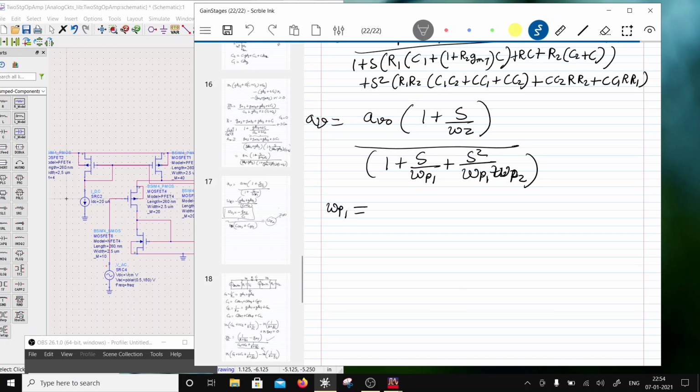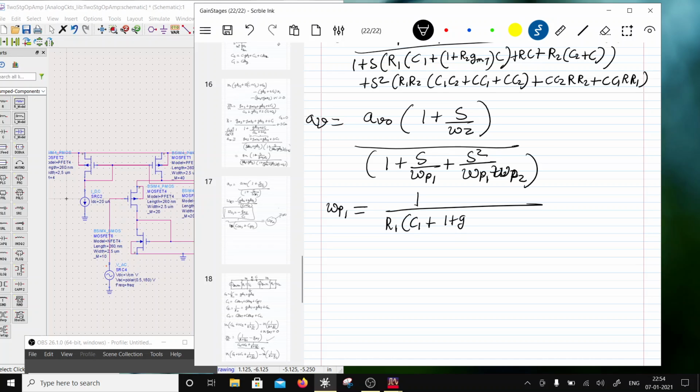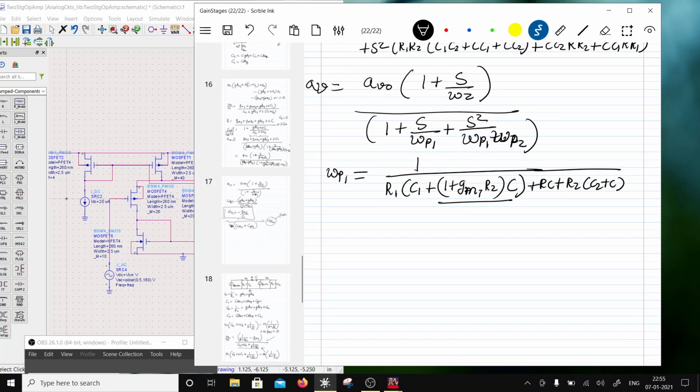Omega P1 from this expression is going to be equal to the S term, right? So it is 1 over omega P1, so omega P1 is 1 over that, 1 over R1 C times of R1 C1 plus 1 plus GM7 R2 times of C, okay, plus RC plus R2 C2 plus C. So this is the first pole, and in that the dominant component is this, right?